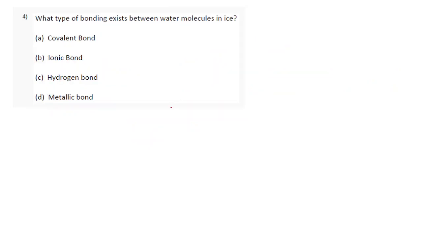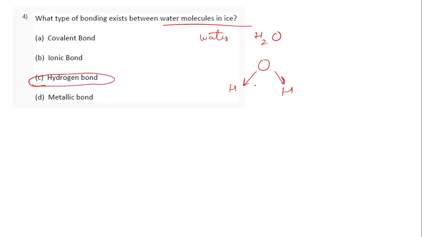Fourth question: what type of bonding exists between water molecules? Water molecule, if you recollect, means H2O, very popularly called. We have oxygen and then hydrogen bonding like this. The bonding between this is hydrogen bonding. Oxygen is two electrons short.